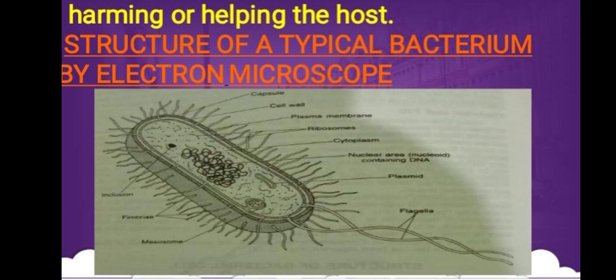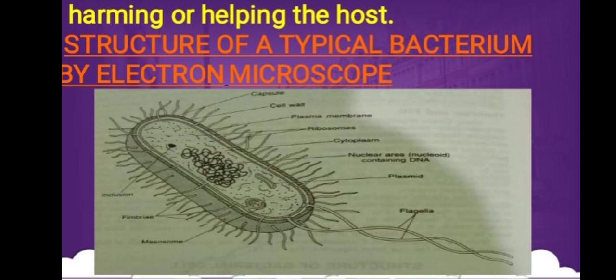A thin cell membrane lies immediately beneath the cell wall and surrounds the cytoplasm. There is no well-defined nucleus, but chromatin material is present in the central region. This chromatin material is in the form of a single circle and is not enclosed in a nuclear membrane, but is attached to the cell membrane at some point.